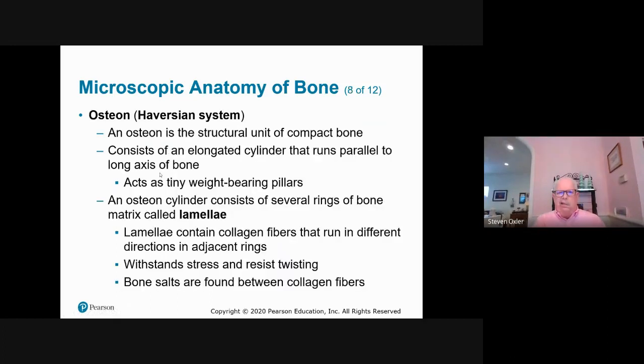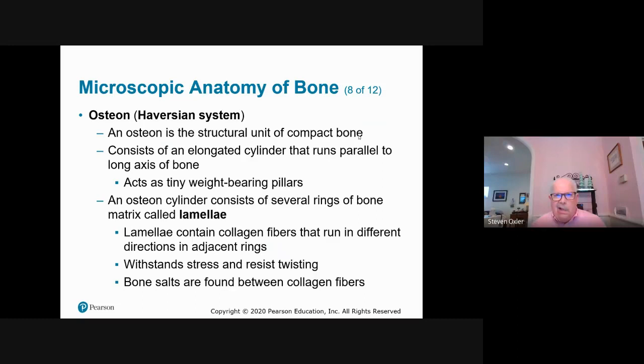Know what an osteon is. What is it? It is the structural unit of compact bone. It consists of an elongated cylinder that runs parallel to the long axis of bone.